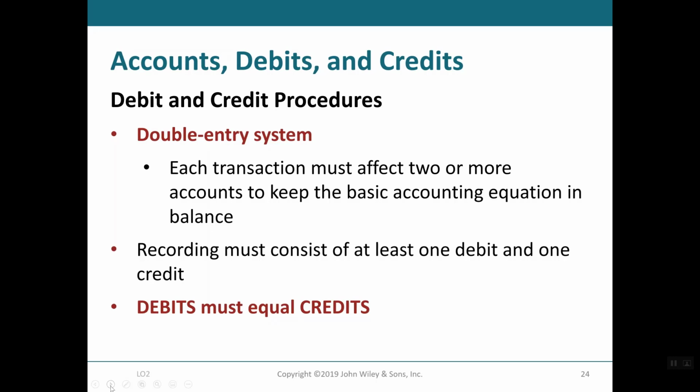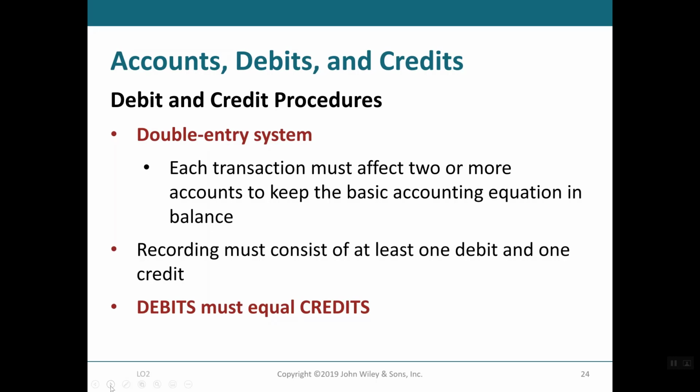So debit and credit procedures, the double entry system. Each transaction must affect two or more accounts to keep the basic accounting equation in balance. So for the double entry system, like I always summarize, for every debit entry, there has to be a corresponding credit entry.